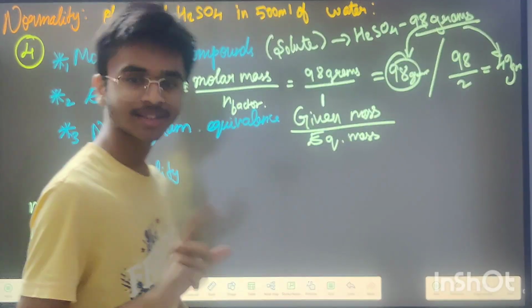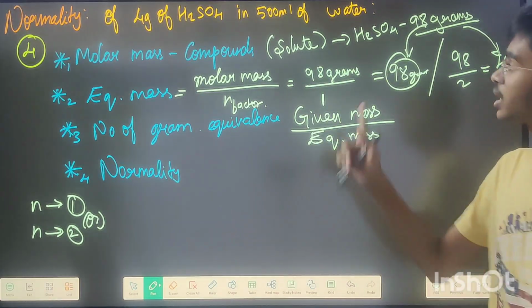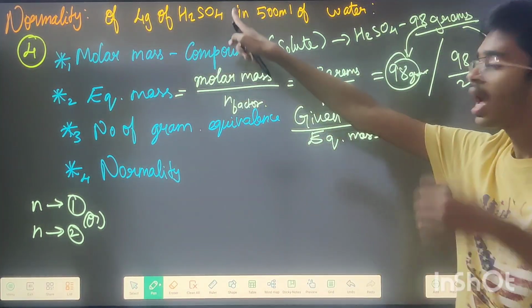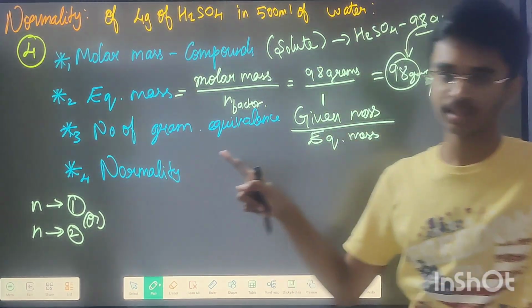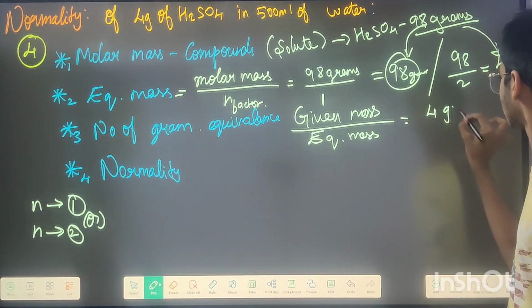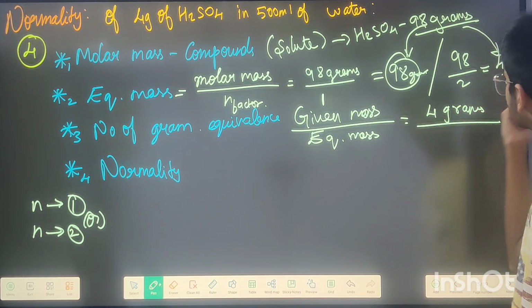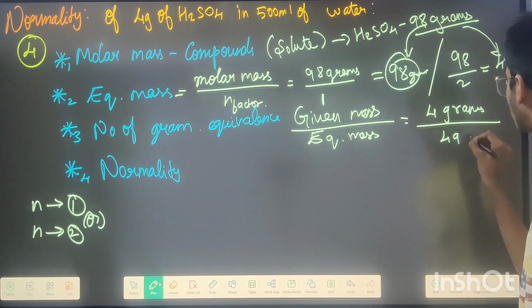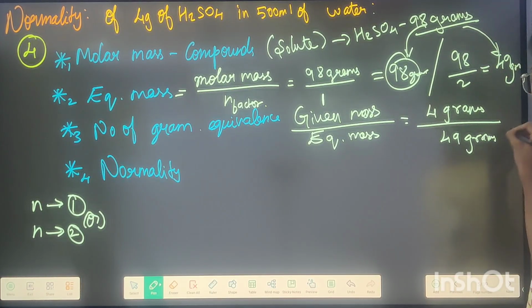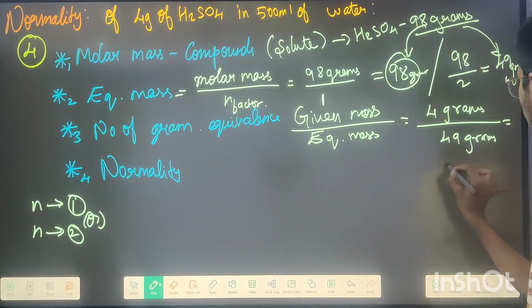That is what this number of gram equivalents means. So it is going to be 4 grams divided by, if n factor is 2, then 49 grams. The value has been already calculated by me, which is 0.0816.